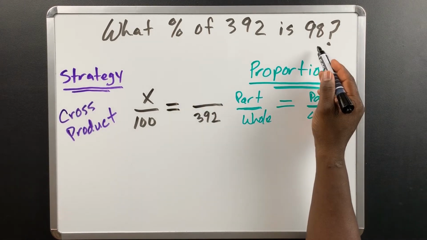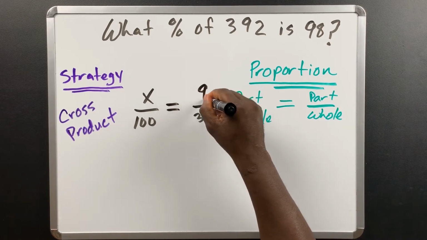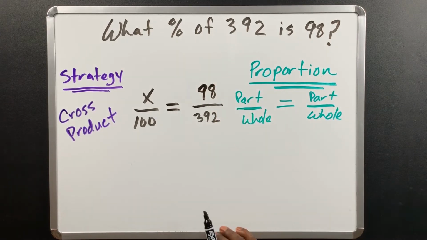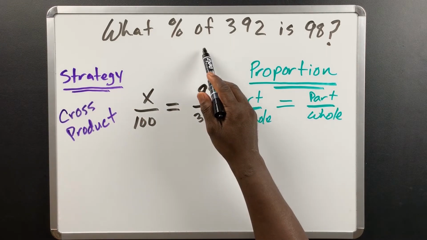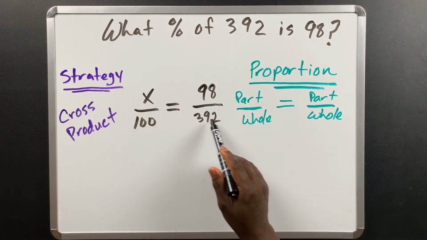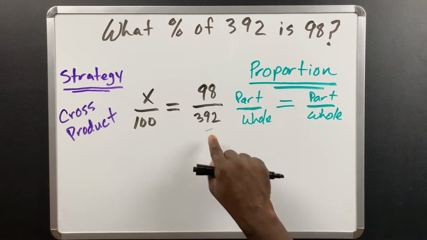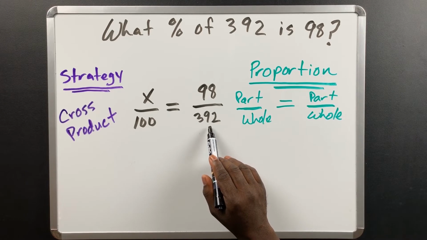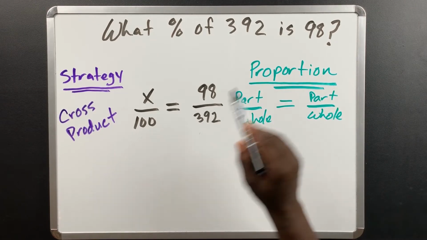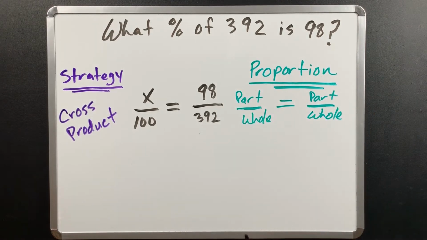And what's left in the question? 98. So we put that in the numerator. Let's look at that again. What percent, that's x over 100, of 392. So 392 is right here in the denominator. That's the whole. Is the equal sign, and 98 goes in the numerator.